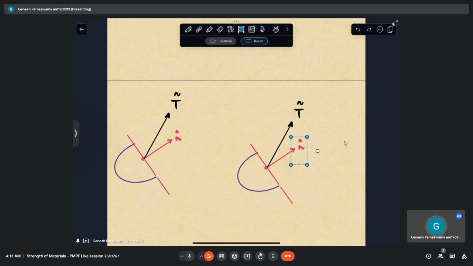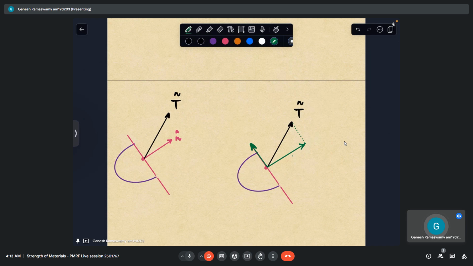Let me just remove this for once. However, I know this is my normal direction. So if I resolve the same traction vector or stress vector along the normal direction, it will have a component like that. And then along the tangential direction, it will have a component like that.